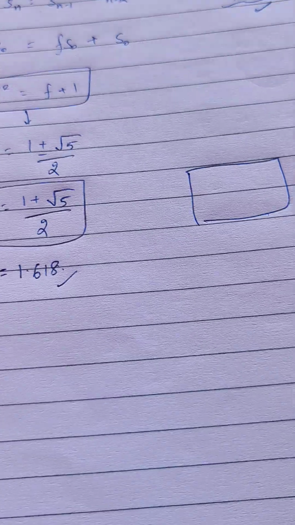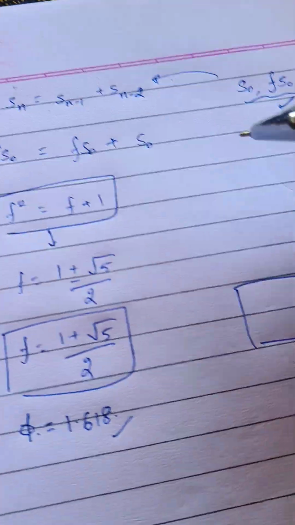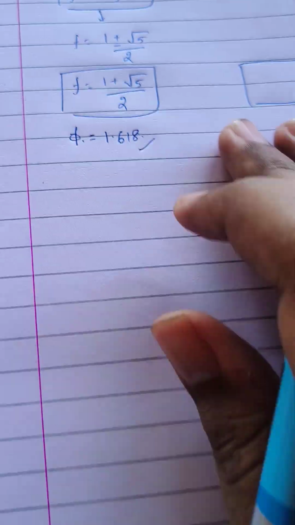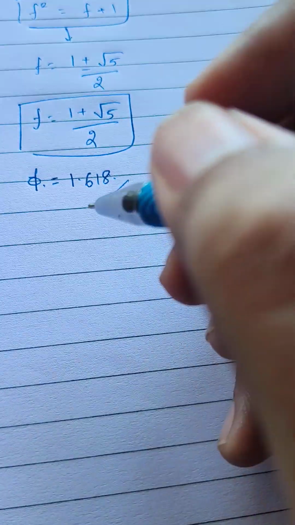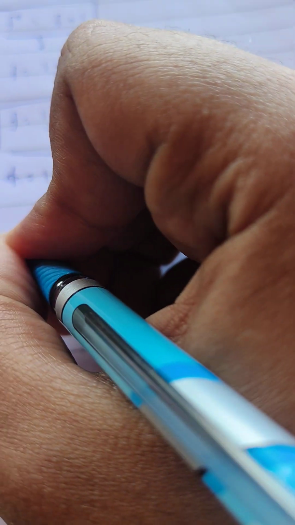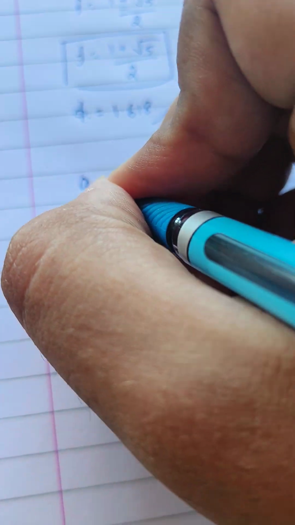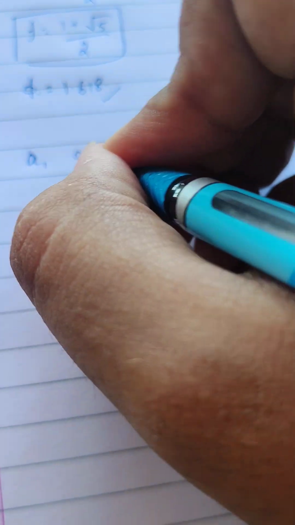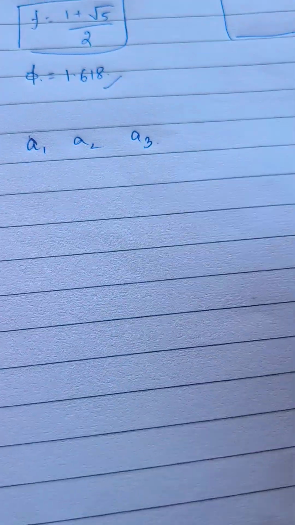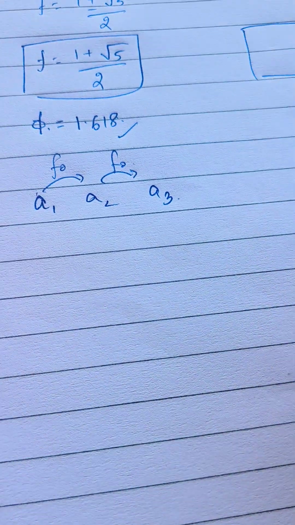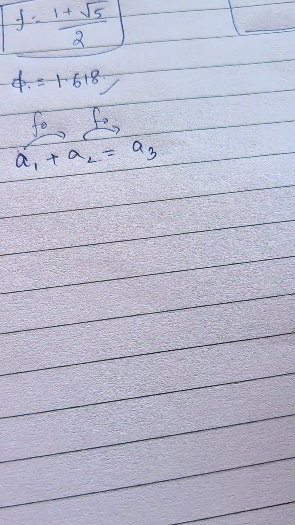So what is interesting is that it's basically a build-up in which the sequence is both additive and multiplicative. For example, in going from the sequence A1, A2, A3, each term is growing by a constant factor, which is phi, and also each term is a sum of the previous two terms.